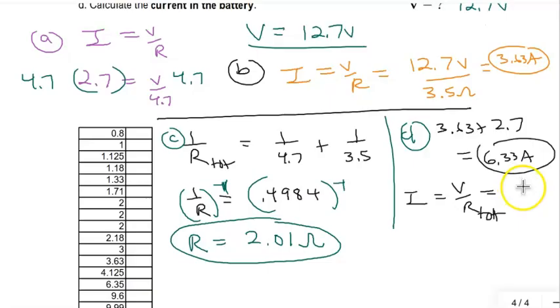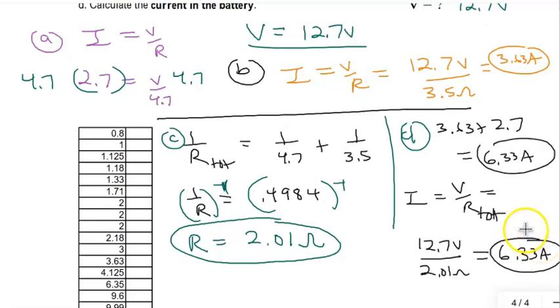Okay, so that is 12.7 volts over 2.01 ohms. So you can see, 12 divided by 2 would be 6, but it's a little bit more than 12. So we get a little bit more than 6. 6.33 amps. Let me just check. Okay, so that is the Pure Parallel worksheet. Thank you for listening, and I will see you in class.